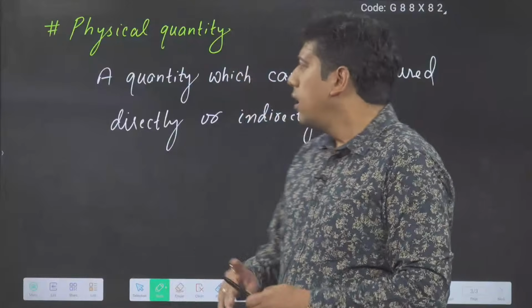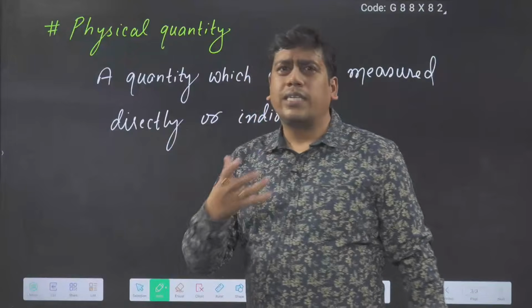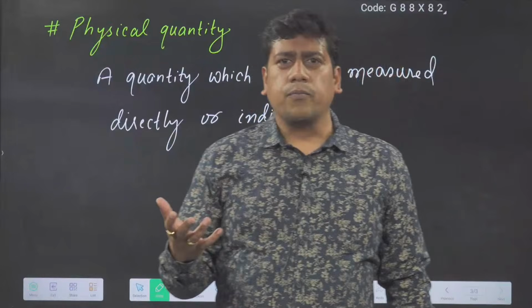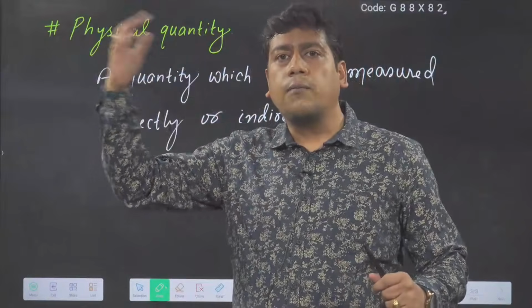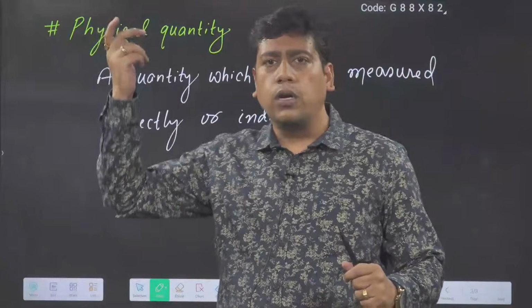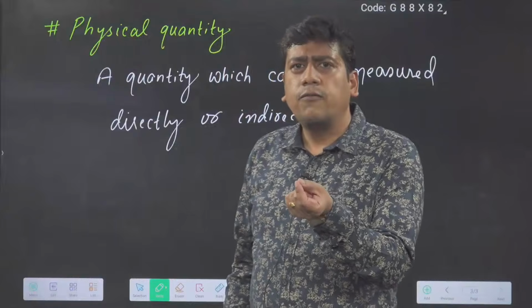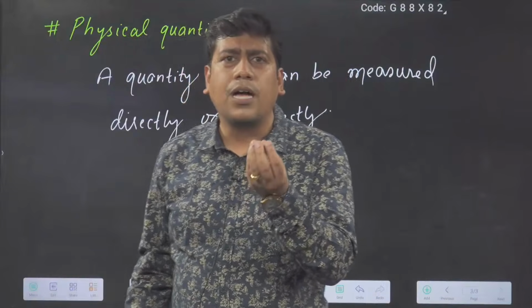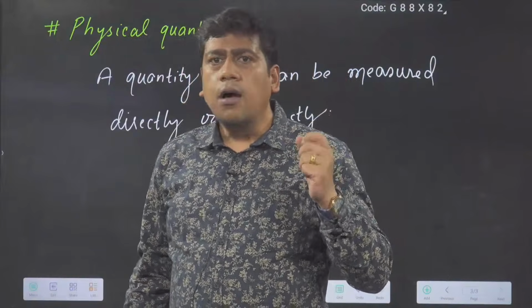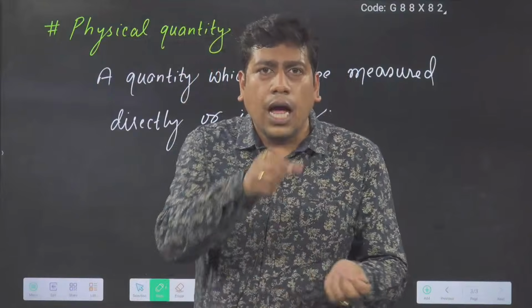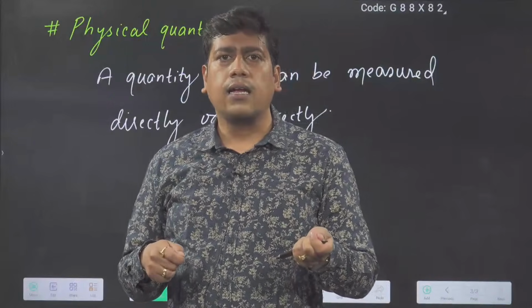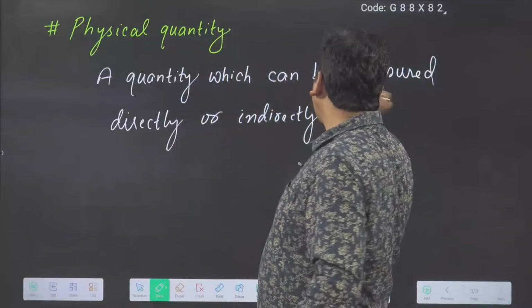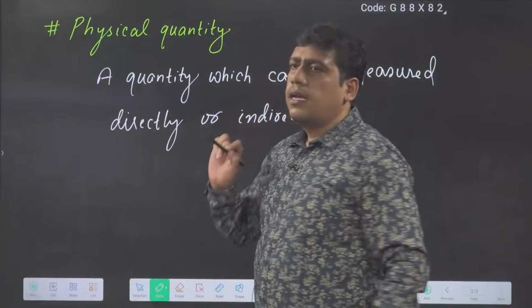Average mass like 2 kg, 10 kg, 20 kg, we measure directly. But if you are supposed to measure some very high value like mass of earth, mass of sun, mass of moon, or ultra low mass like mass of proton, should I bring one proton and keep it on a weighing machine? No. So it can be measured either directly or indirectly.